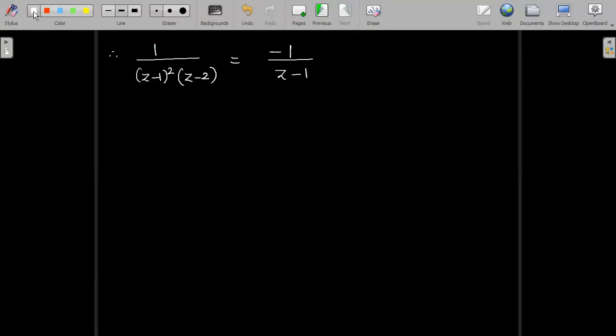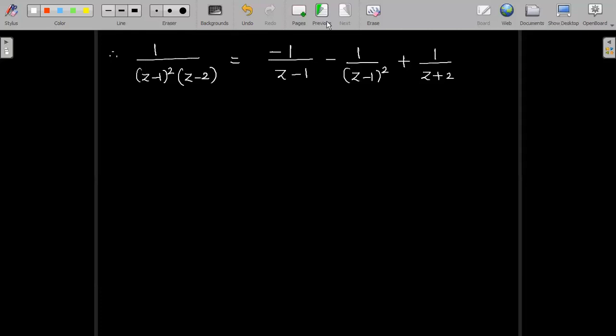Correct? So we have minus 1 divided by z minus 1 the whole square, and c is a positive value, so 1 divided by z plus 2. So this is the substitution of a, b, c into the previous step where we resolved into partial fractions.